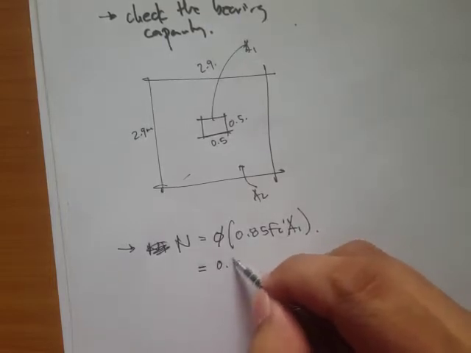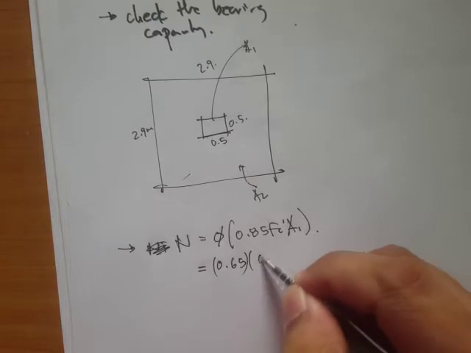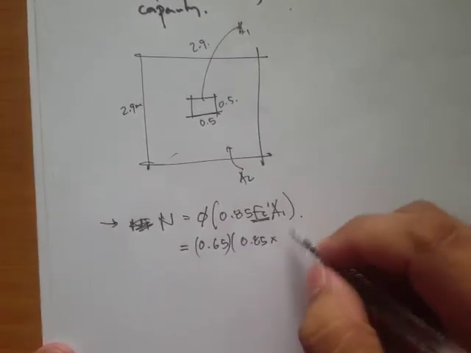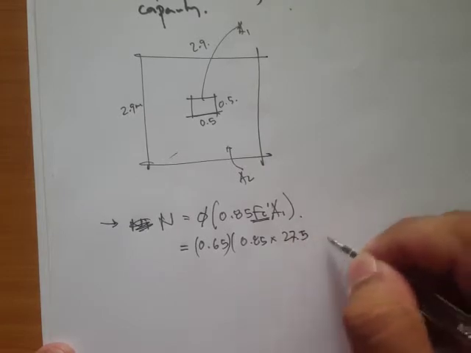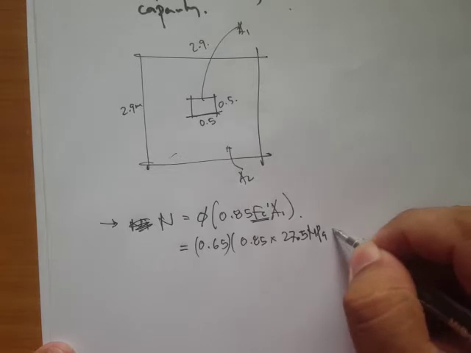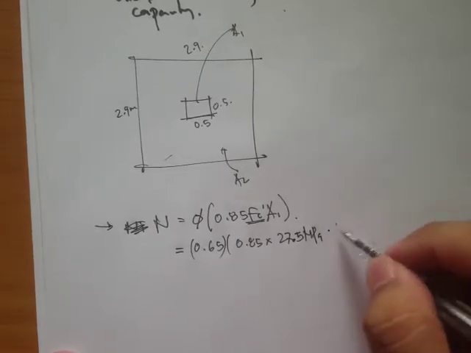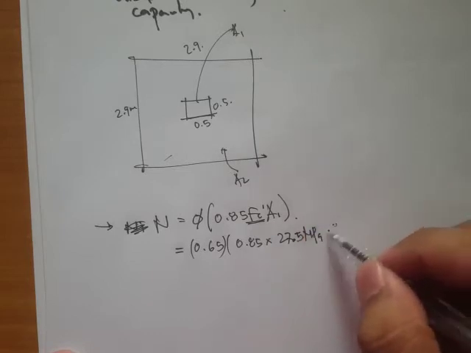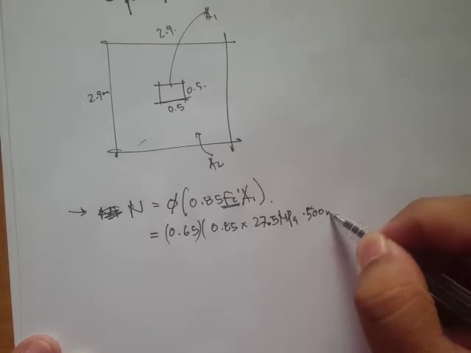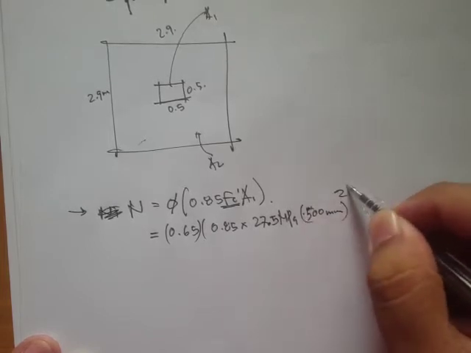Now let's substitute the values. We have 0.65 times 0.85 times the compressive strength of concrete, 27.5 megapascals, times area A1. Since this is in megapascals, area A1 is simply 500 mm squared.